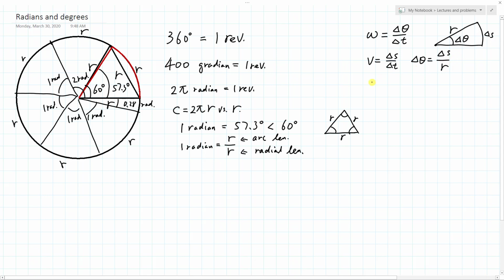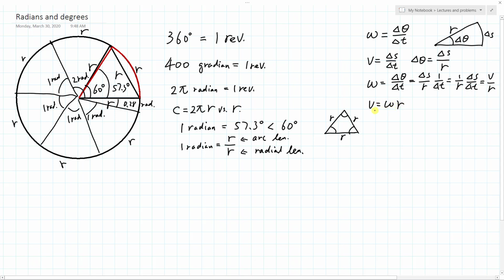So this means that omega, which is delta theta over delta t, is equal to delta s over r over delta t. If you rearrange the terms a little bit, 1 over r times delta s over delta t. So this is velocity v over r, or v equals omega r.